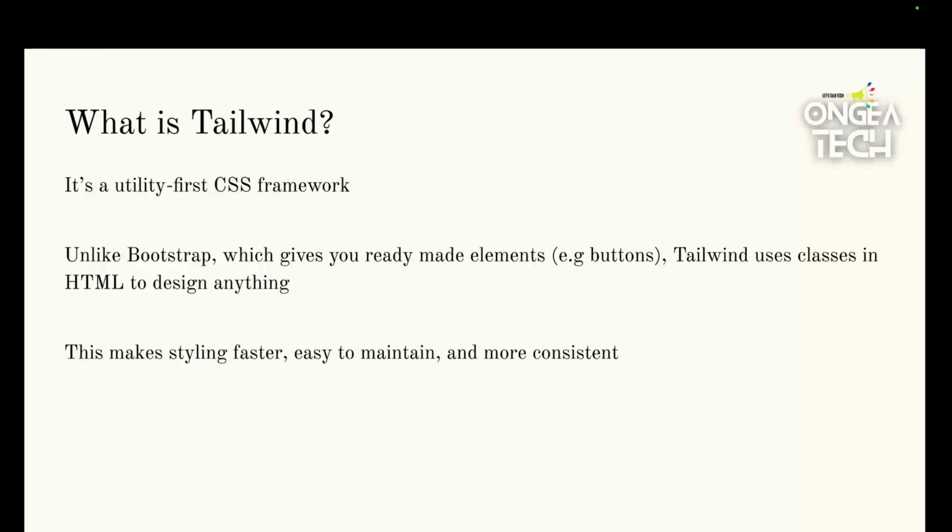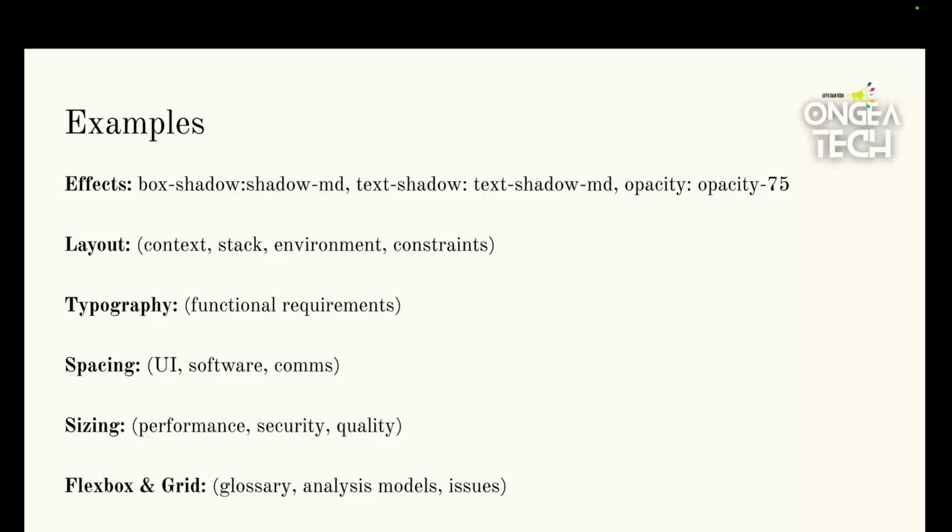The other reason for using Tailwind is it's a very popular framework right now, and you can also use it for styling mobile applications. For instance, if you're doing React Native, you can use NativeWind to style, and it'll be just the same way that you use it for web applications.